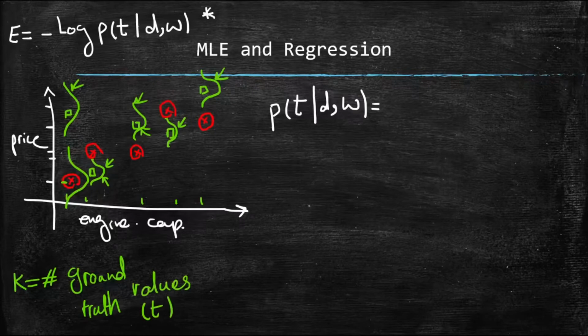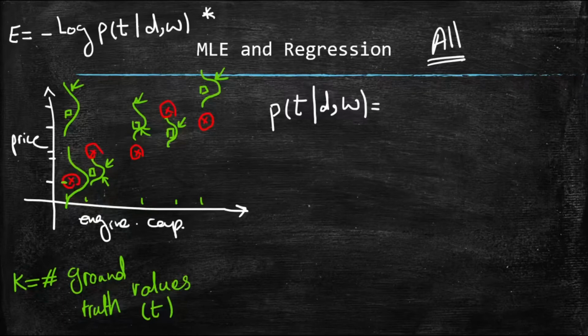So if I want to measure the overall likelihood of observing all these ground truths, pay attention, all of the ground truths, I will calculate the likelihood of observing each one of them separately, those likelihood numbers separately, and I will multiply them together.